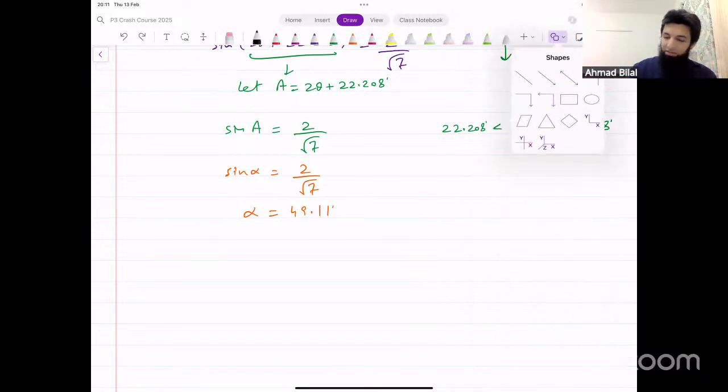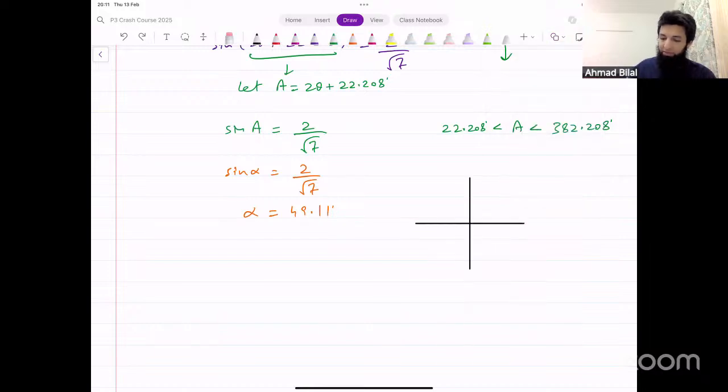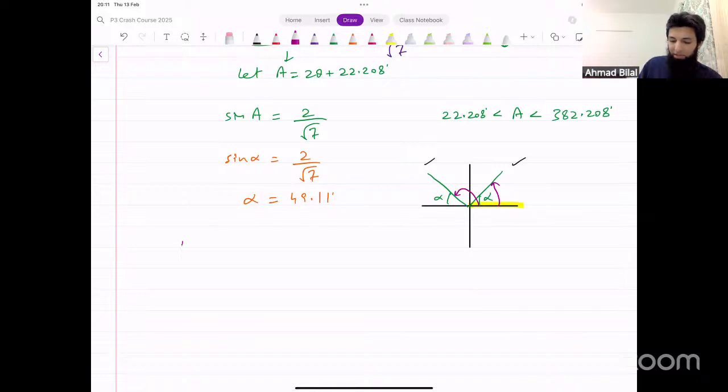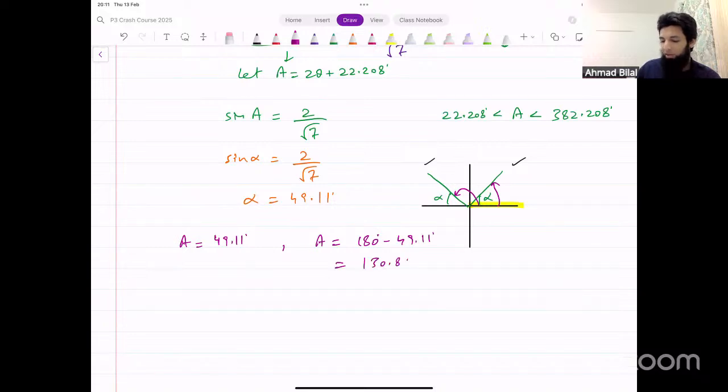Which quadrants can we be in? Sine is positive. That means first and second quadrants, that's either here or here. The first angle that we get is this, and the second is this. They're both in the interval. So we can say a equals 49.11 in the first quadrant. In the second quadrant, 180 minus 49.11, and that should give you 130.89.